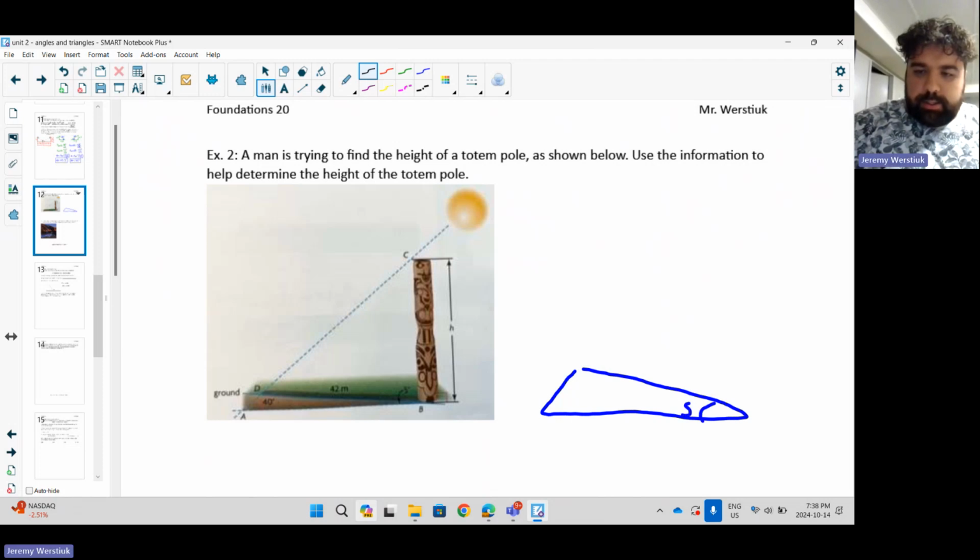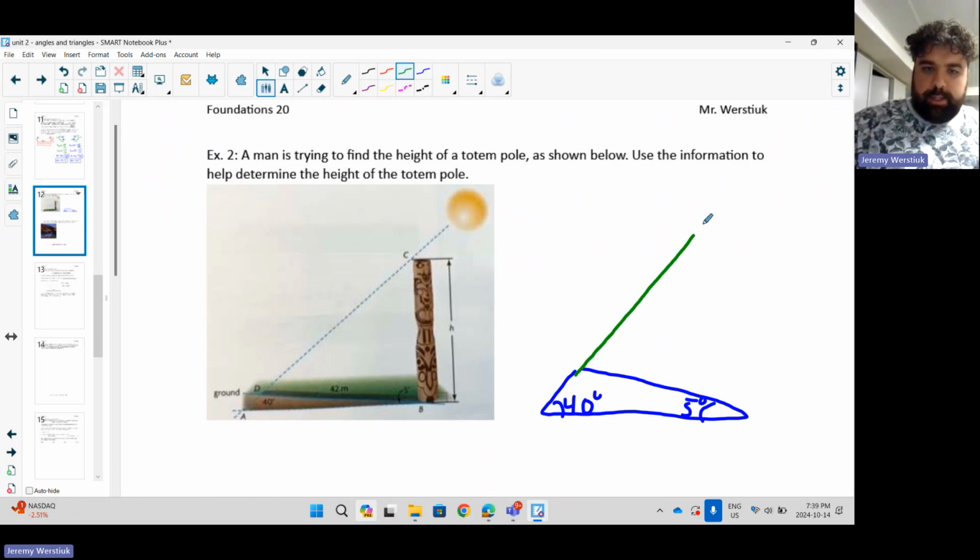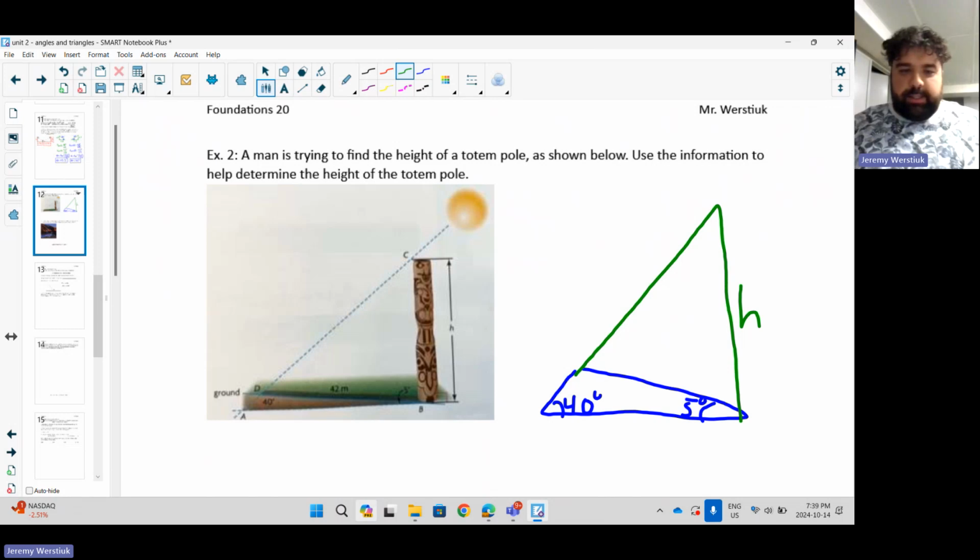But what we are being told, I'm going to draw this just over here in this space, just a little bit bigger. But what I've got here is this first triangle is a little something like this. And this one here, that's hard to read, says that's 5 degrees. It also says that this corner right here is 40 degrees. And then I've got another kind of triangle that's going like this. And I've got my height over here. So that's my scenario.